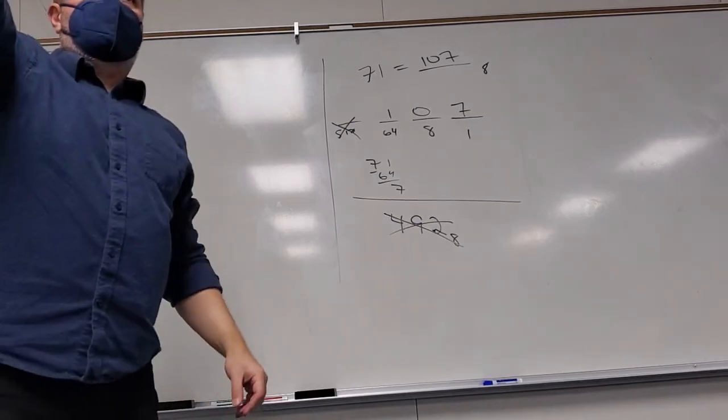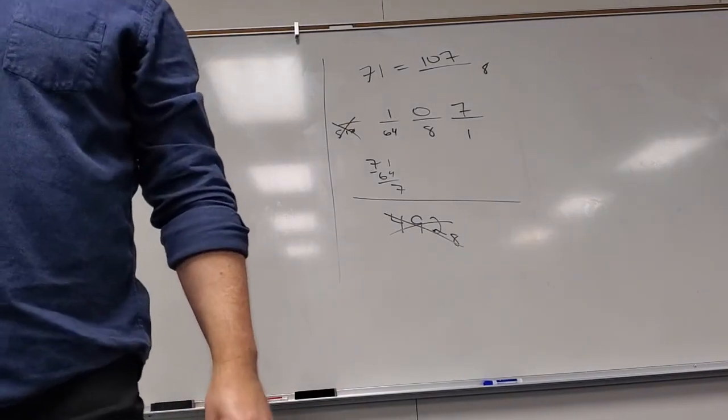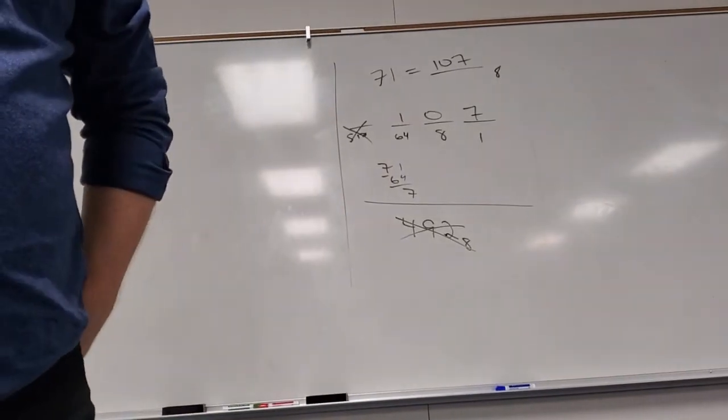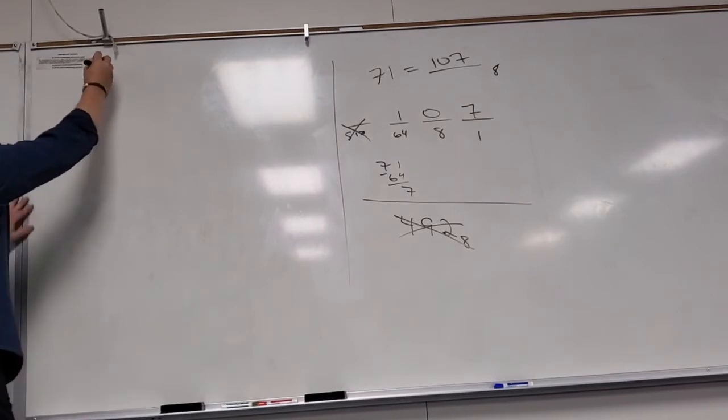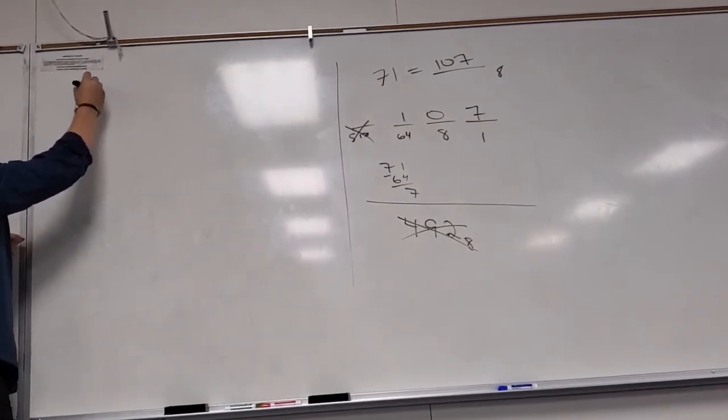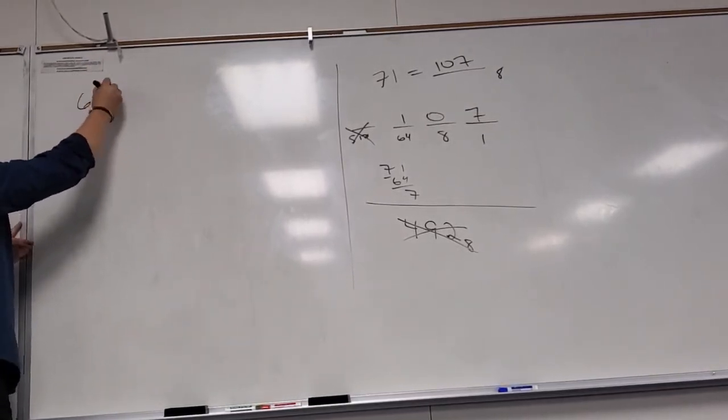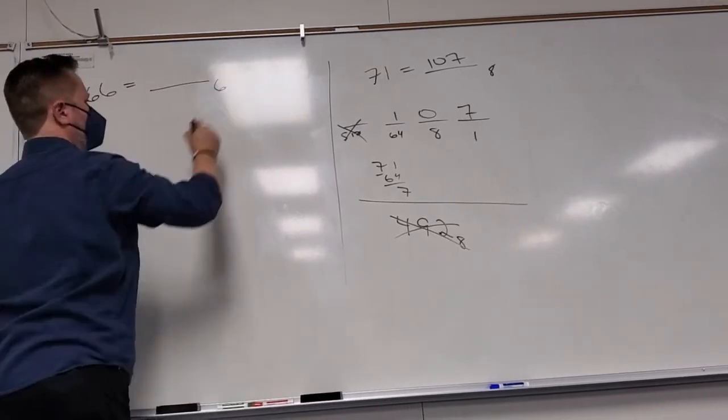So base 6, the highest numeral we would use would be, of course, 5. So everything's hunky-dory. Let's do it really quick at base 6. So what if I had, sure, Jeff, why not? 666, and I want to know what that is in base 6.